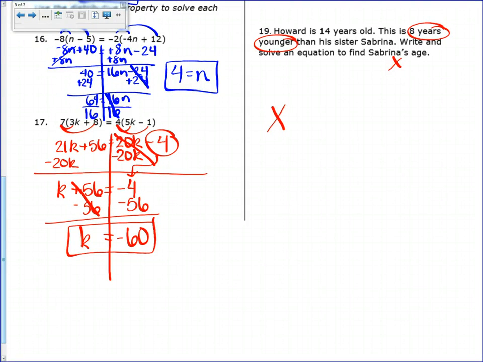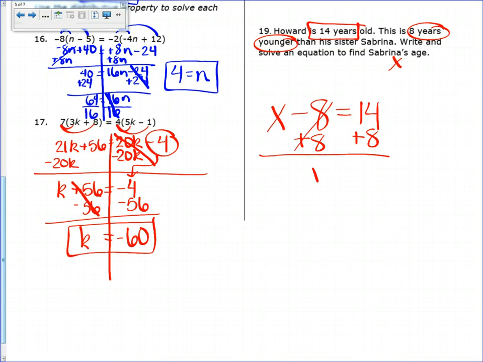So because it's younger, we're going to subtract 8. And we know that will give us Howard's age, which is 14 years old, so it equals 14. So to solve this, it's a simple one-step equation. Add 8 to both sides. X equals 22.